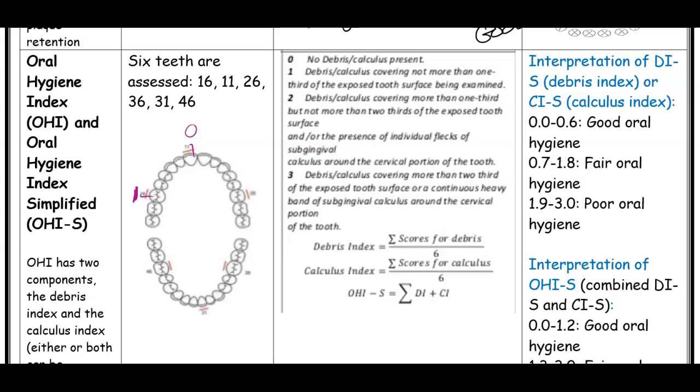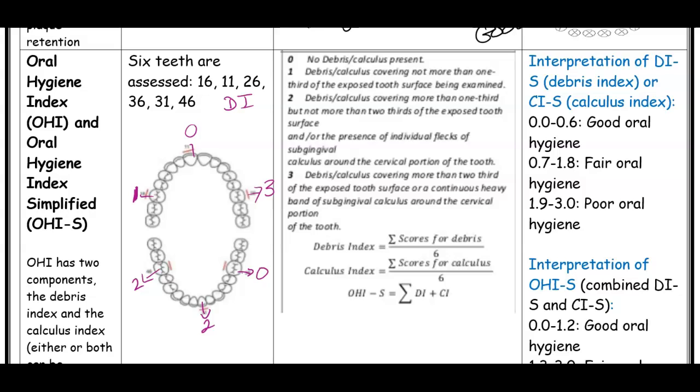When I say debris, I'm looking at plaque. On 2/6, there was lots of debris, lots of plaque. I'm just looking at numbers here. Okay, so this is my debris index. DI stands for debris index.